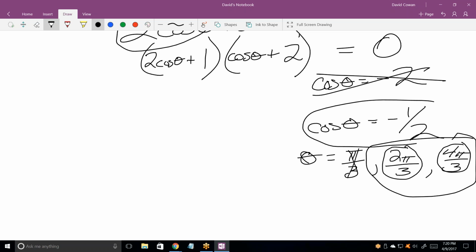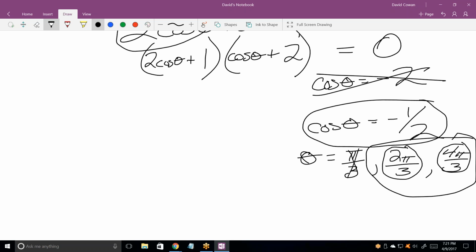And there's almost always two quadrants. The one exception is if it's equal to 1 or minus 1. Then there's only one answer. If I said cosine of theta is equal to 1, the only answer is 0 degrees. Or if I said minus 1, the only answer is pi. But when you have any number other than 1 or minus 1, you're always going to have two quadrants where it's true.